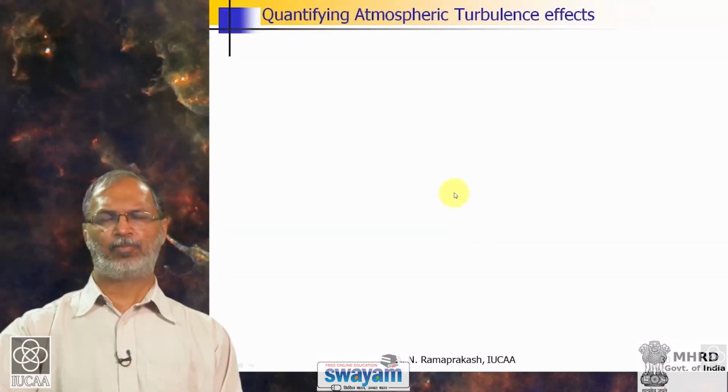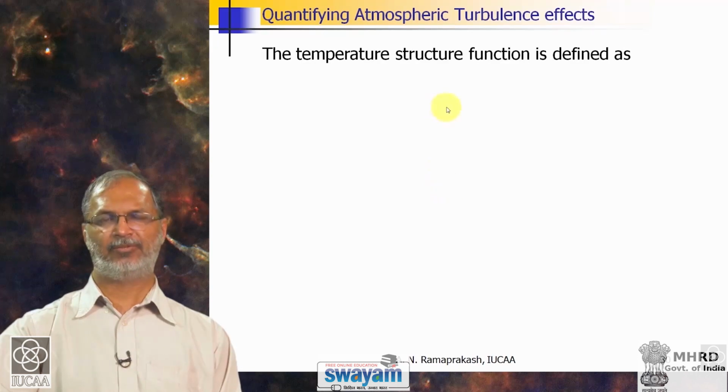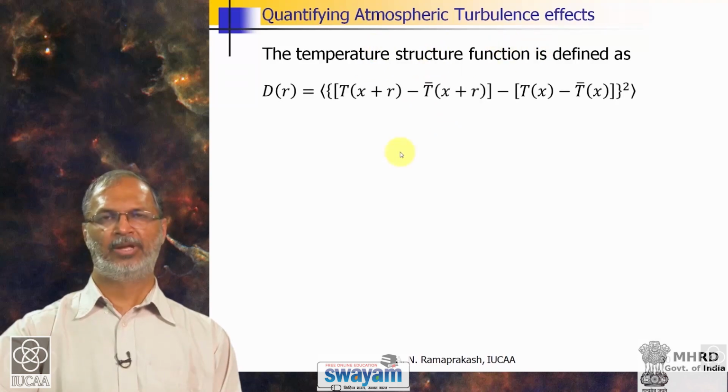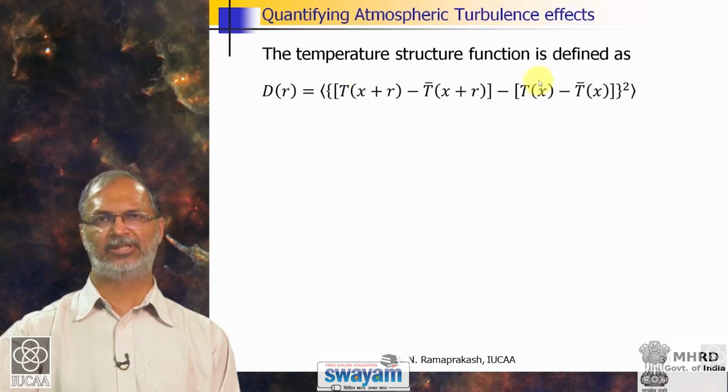Now, let us try to quantify this a little bit more to understand how to work around it. The way to quantify the atmospheric turbulence is to define what is called a structure function. It is very easy to understand. You take the temperature at a location, and subtract the mean temperature at that location from that instantaneous value.